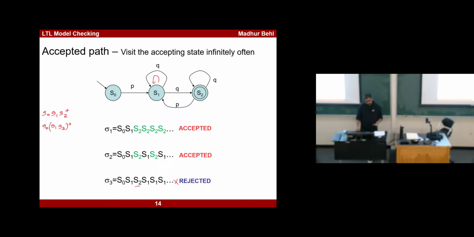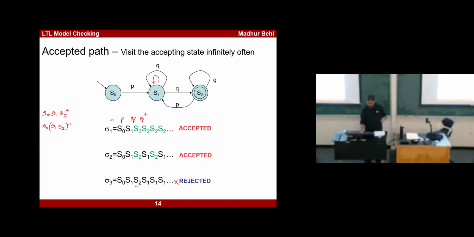You can even think of what is a sequence of alphabet symbols. It's called a word, right? Remember, that's the definition. So what word would induce this path? If you have to go from S0 to S1, you must have seen a P. Then from S1 to S2, you would have seen a Q, and then Q forever.